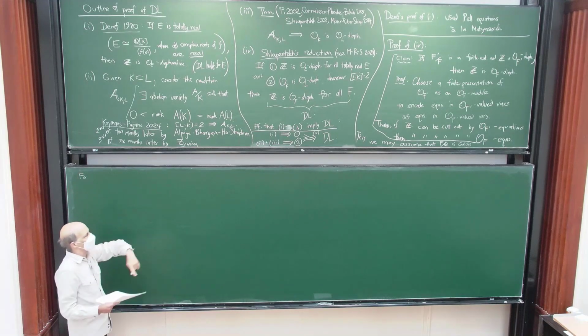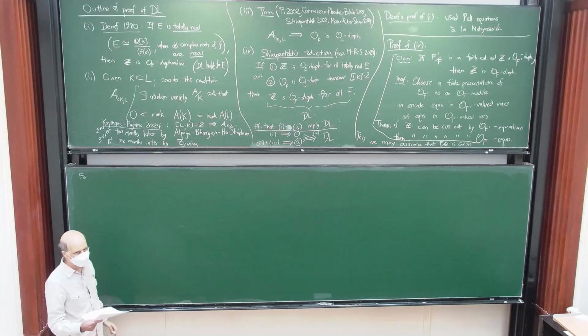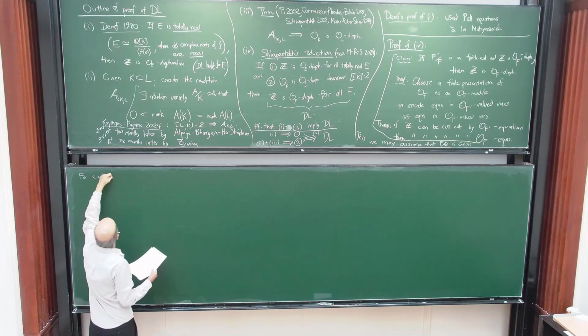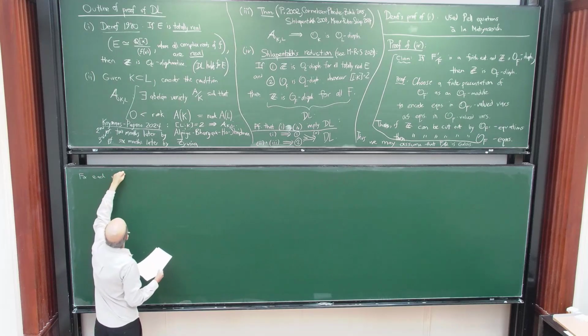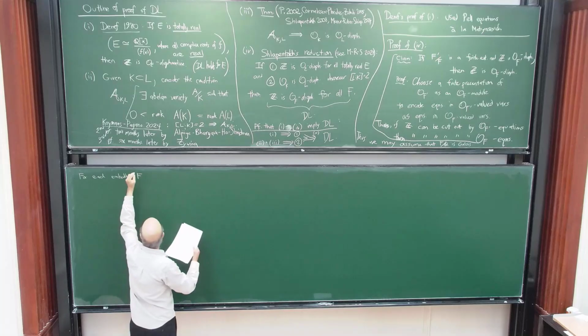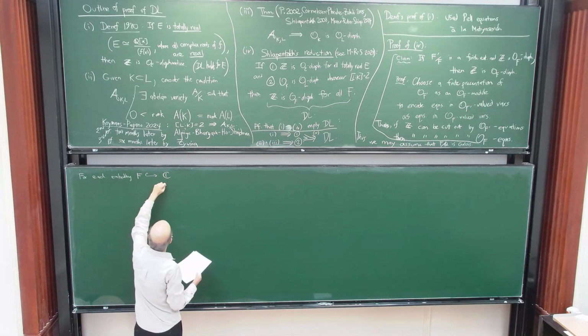Now, when you have a number field, you can look at all its complex embeddings, and some of them might land in the real numbers. But in any case, each time you embed this Galois number field into the complex numbers, you can look at the complex conjugation.